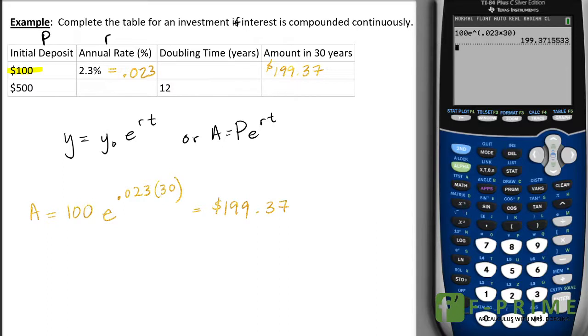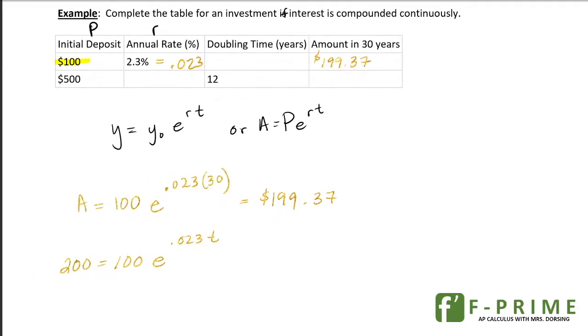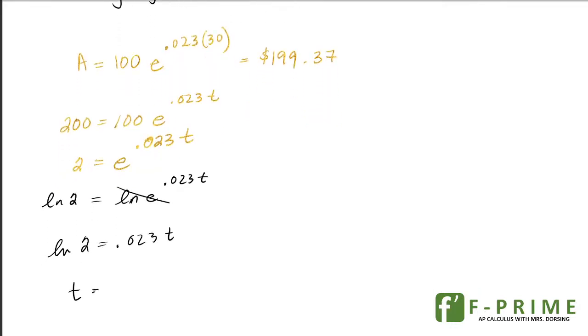time. So to solve for it, I get that my doubling time is the natural log of 2 divided by 0.023.